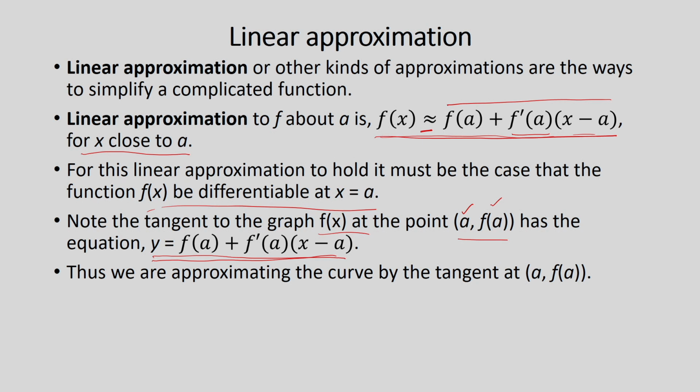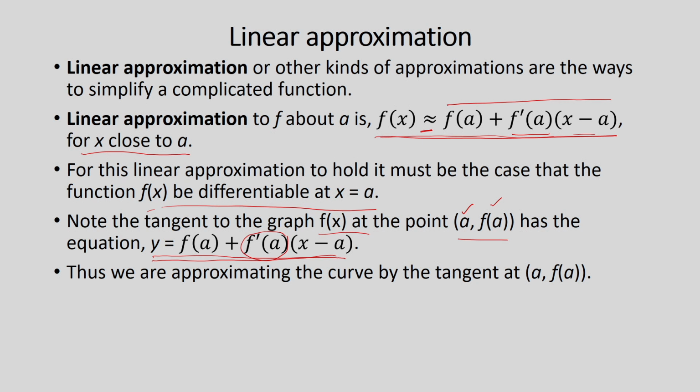If you have two points on a straight line, then the slope of the straight line is y 1 minus y 2 divided by x 1 minus x 2. We are applying the same thing, y minus f of a divided by x minus a. That is the slope of the function, and that is exactly equal to f prime of a.